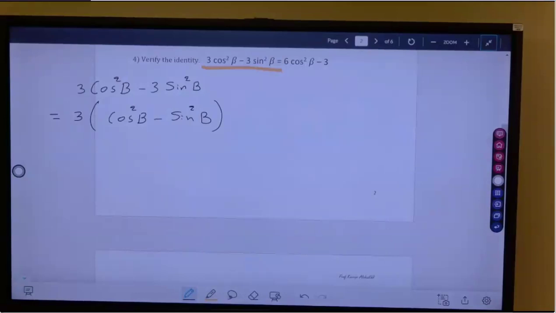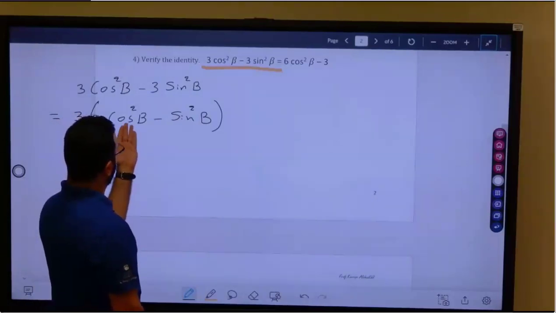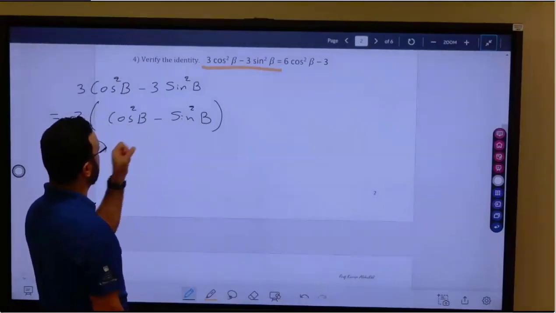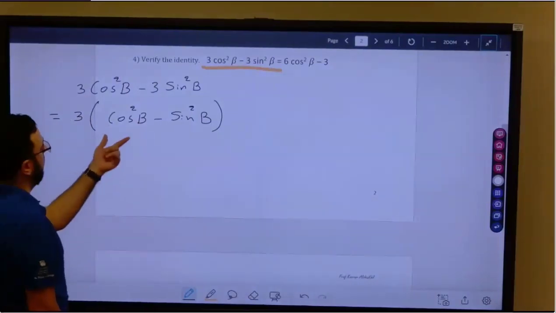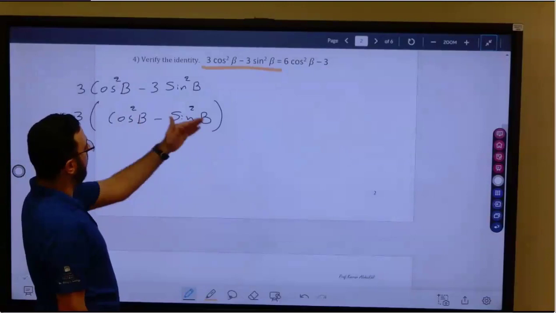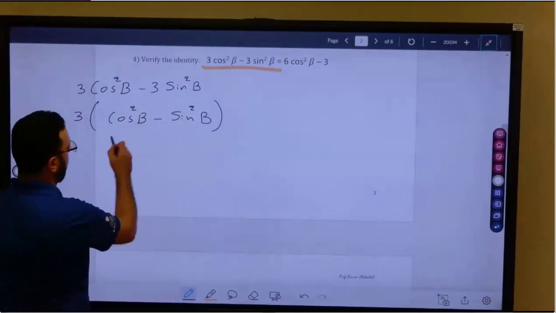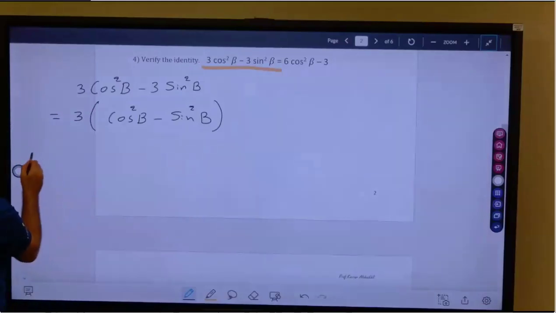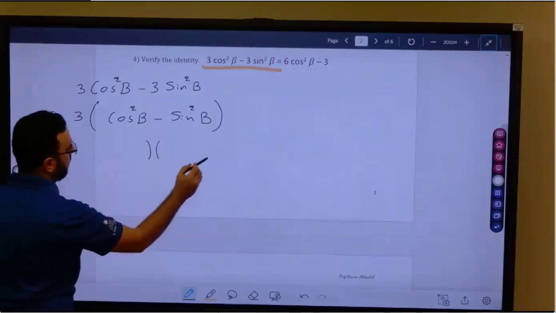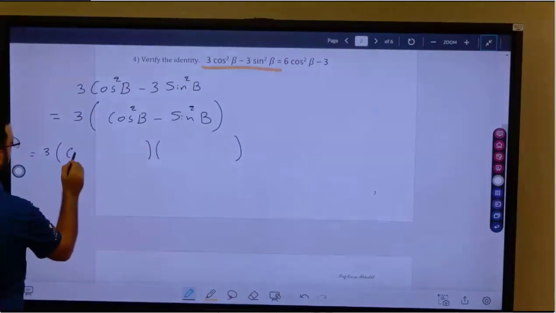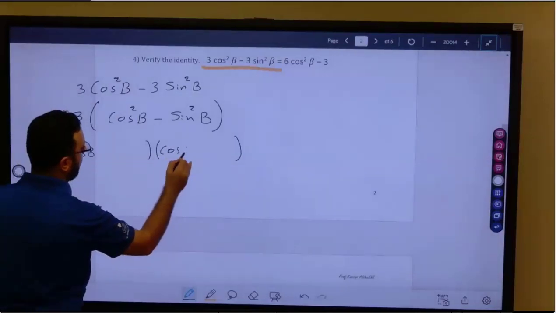Cosine square minus sine square, there is more than one way to solve this one. First of all, this is a square, this one is a square, and there is a minus between them, so I can use difference between two squares. Or you can use one of the identities here. You have to get the same result. So let's check the first part. If I use difference between two squares, here's the 3. I'm going to open two parentheses, and I'm going to say here's cosine beta, and here's cosine beta.